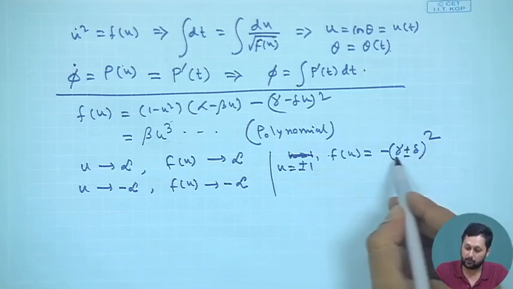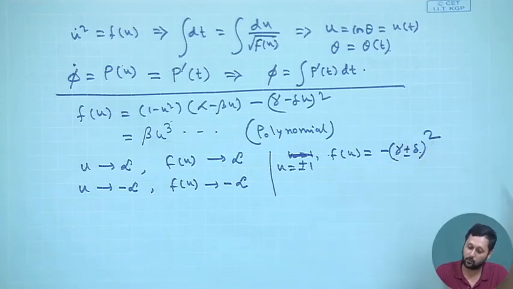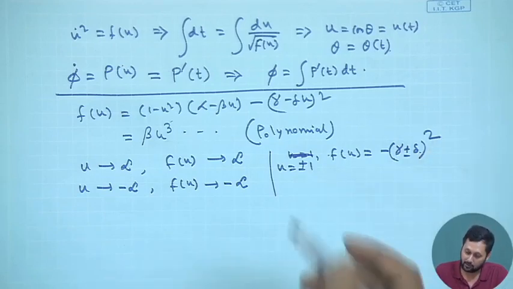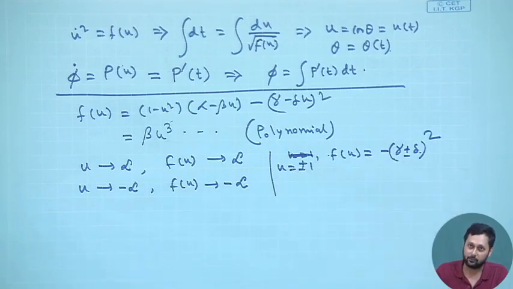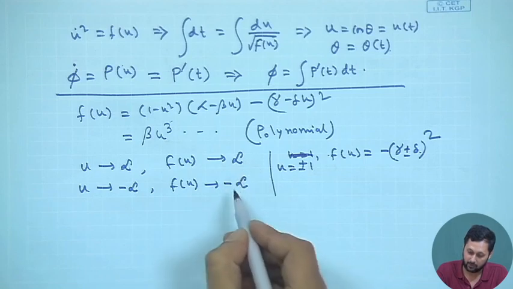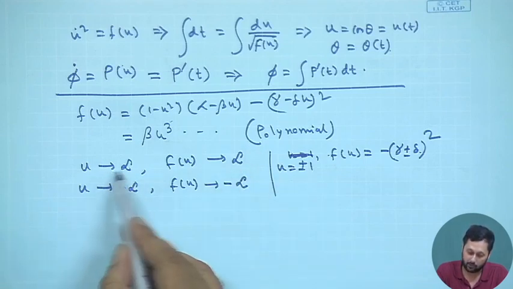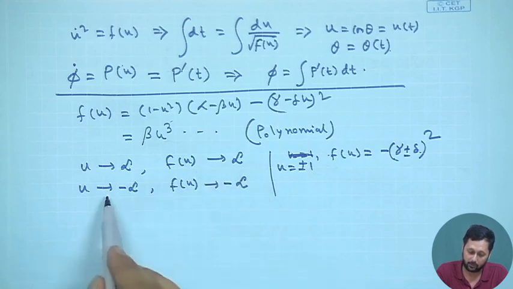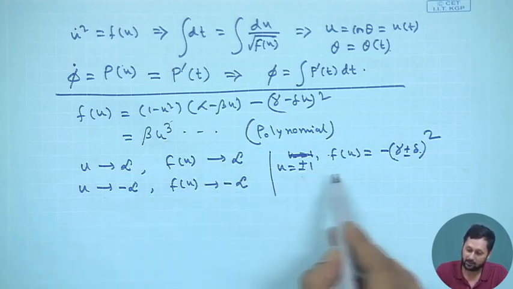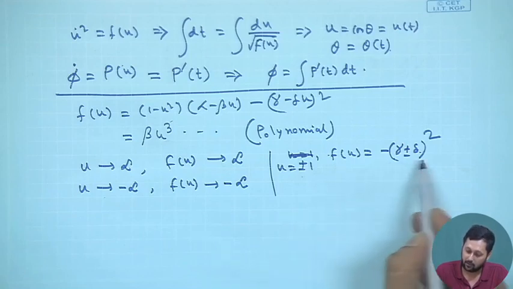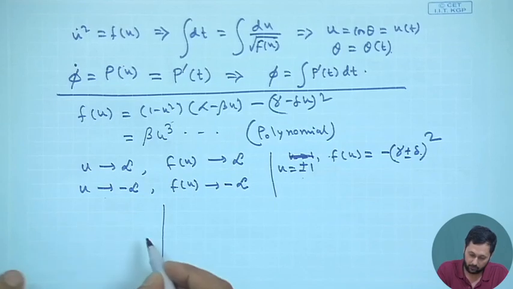Now, it does not matter if gamma plus delta or gamma minus delta is negative, the square will always be positive. So, at u equal to plus and minus 1, f of u is negative definite. So, we have 3 conditions on u: at u equal to infinity it goes to plus infinity, at u equal to minus infinity it goes to minus infinity, and at plus and minus 1 it is negative definite.